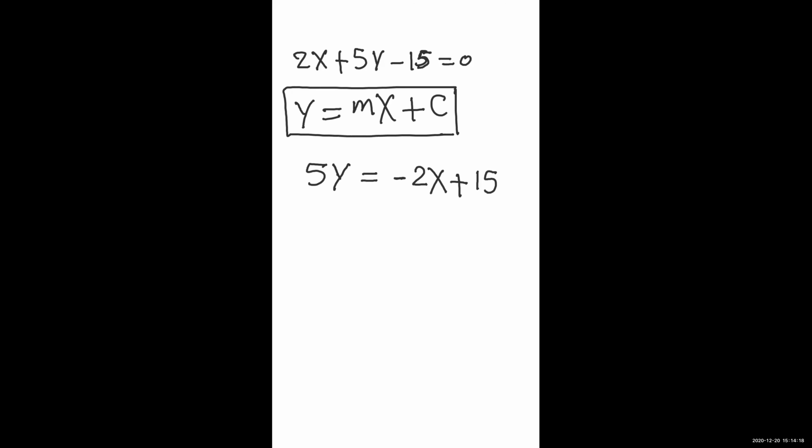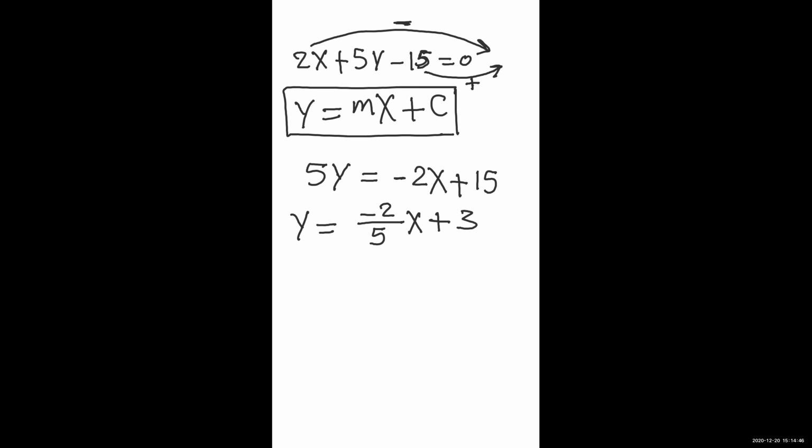I just shifted 2x to the other side with a different sign, and negative 15 also became positive. Now I want to put it in the form of y only, so I have to divide all terms by 5. So y will equal negative 2 over 5 x plus 15 over 5, which is 3.